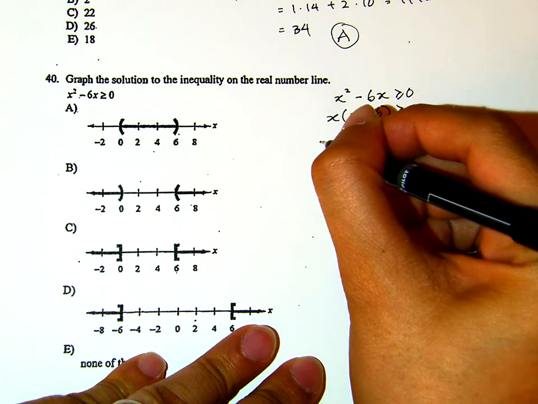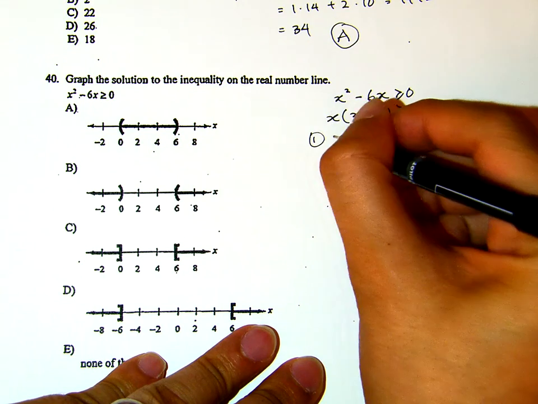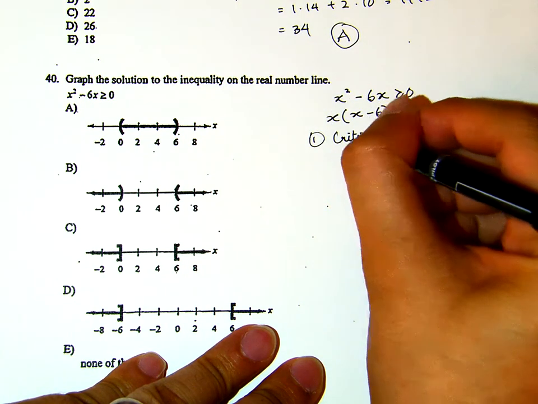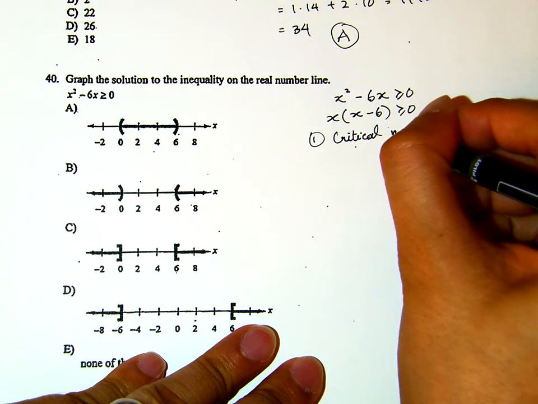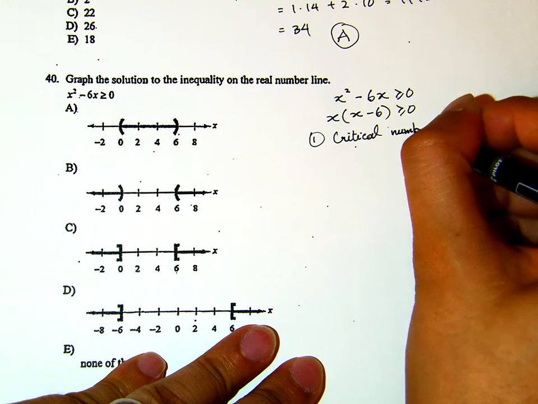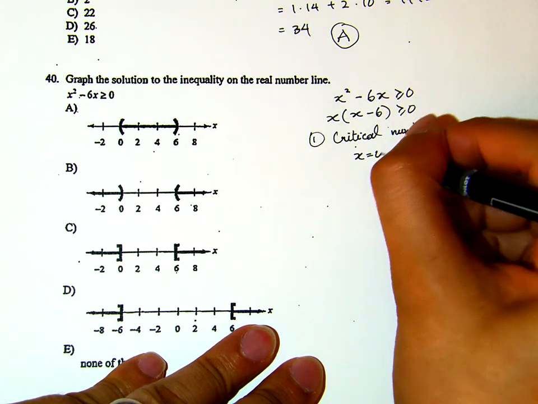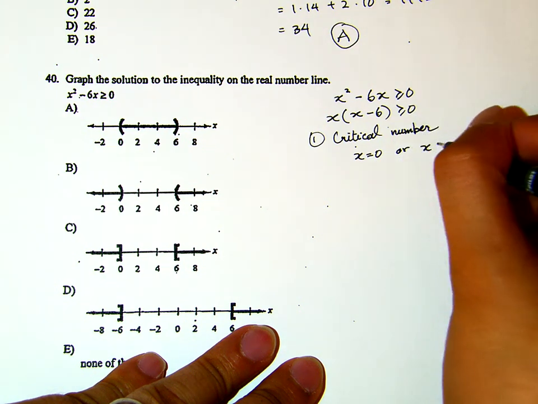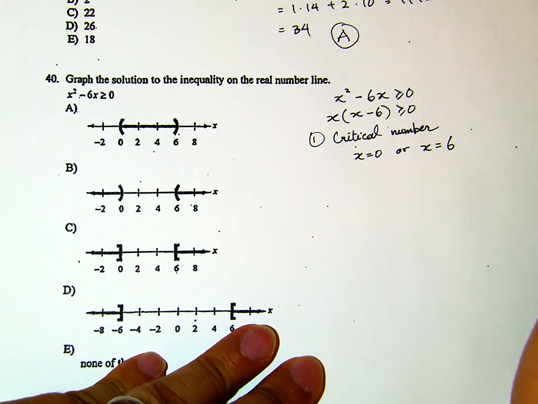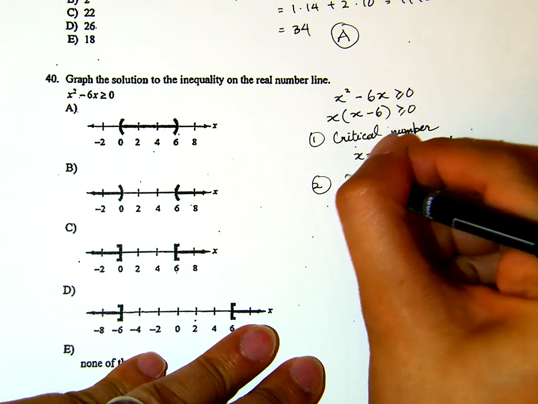The critical numbers are the numbers that make it 0. So either x equals 0 or x equals 6. Second thing I will do is the sign graph.